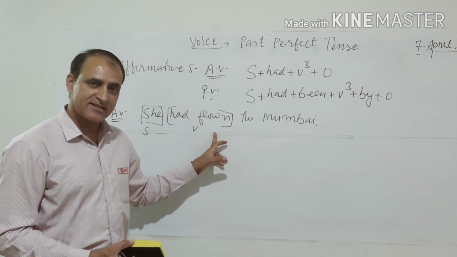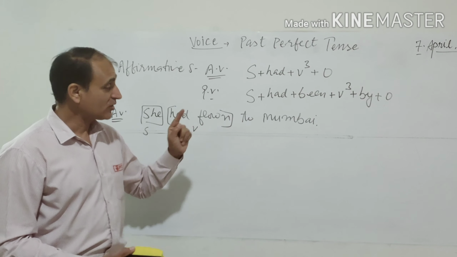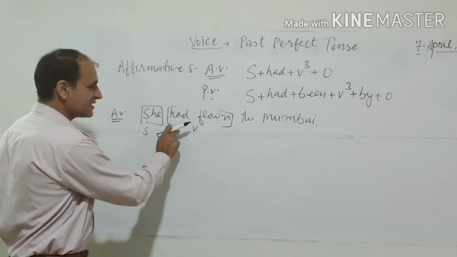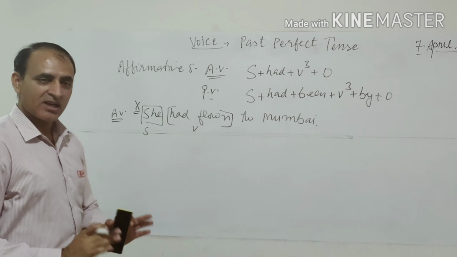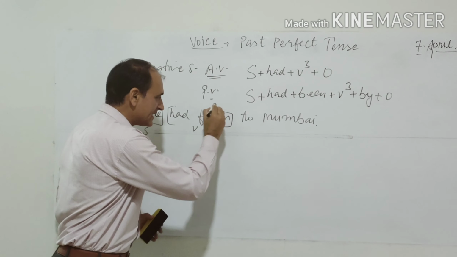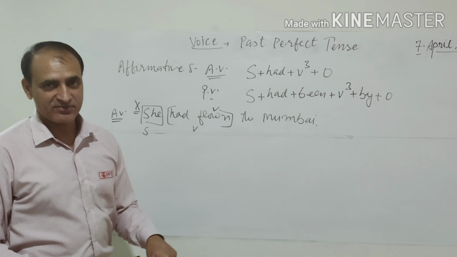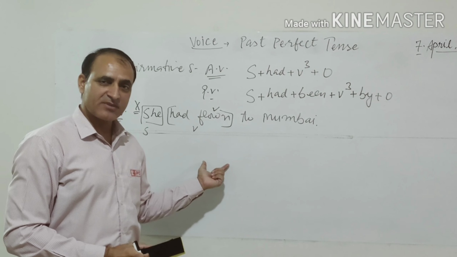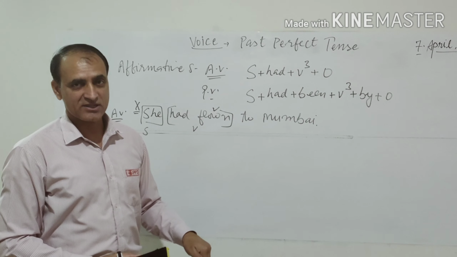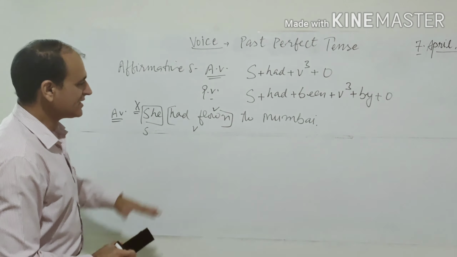Do we get any answer? Obviously no. So it means this sentence cannot be changed into passive voice. And fly is an intransitive verb. In the beginning I told you that only transitive verbs can be changed into passive voice. So this sentence we can't change.